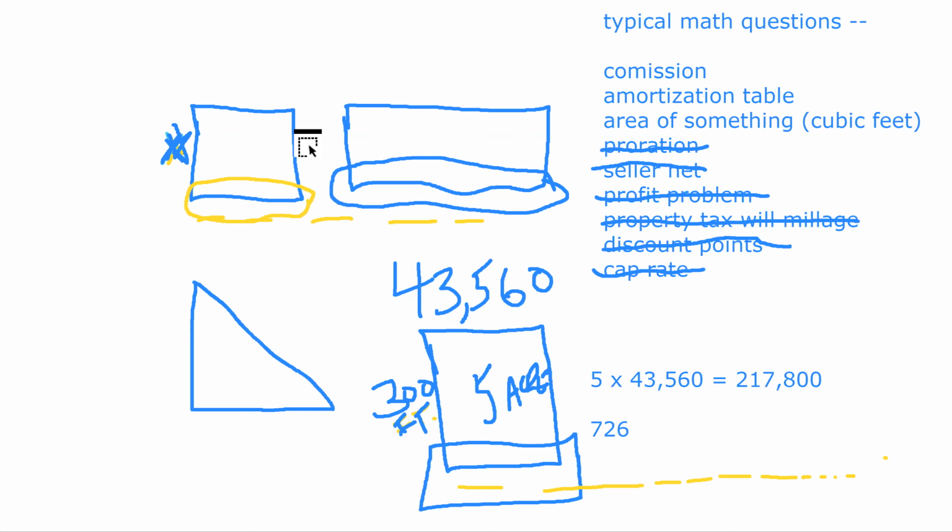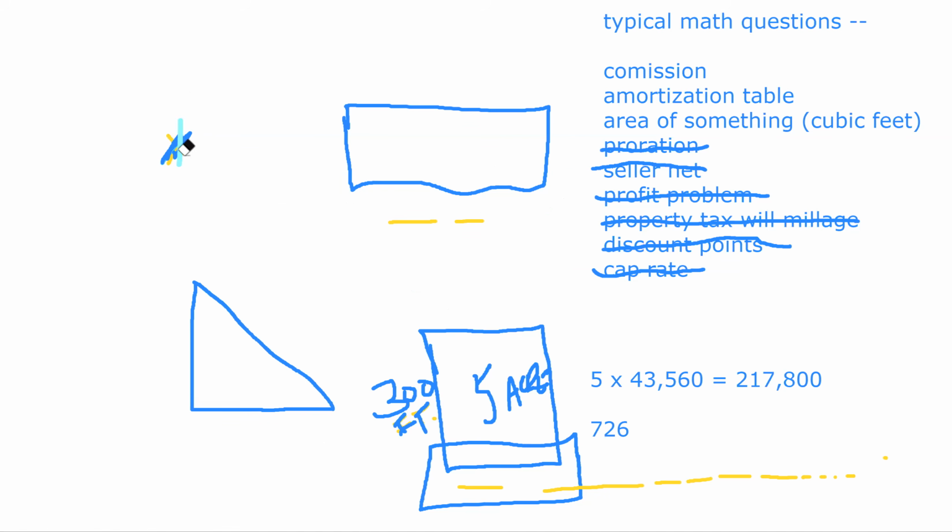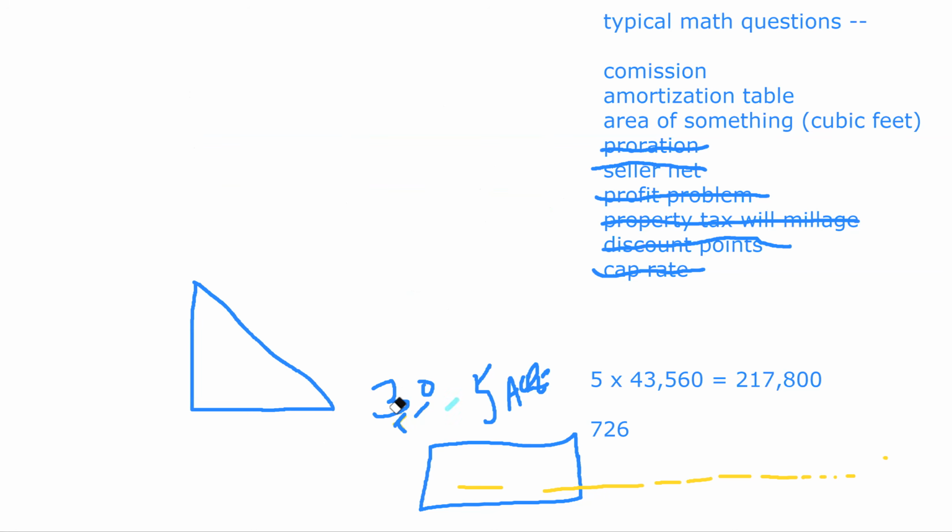Now, let's talk about how we find the area of a triangle. How do we find the area of a triangle, guys? I'm still a big kid at heart. I love me some grilled cheese sandwiches. It is not the length times width times height. I love grilled cheese sandwiches when you cut off the crust and you cut it into little triangles.